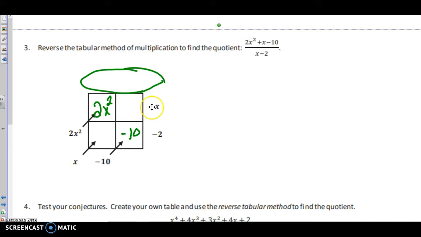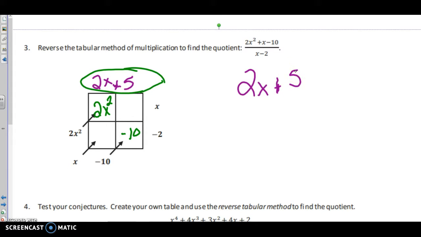So to get 2x squared, I multiply x by 2x. And to get negative 10, I need to multiply the negative 2 by positive 5. So I should have 2x plus 5 as my answer.